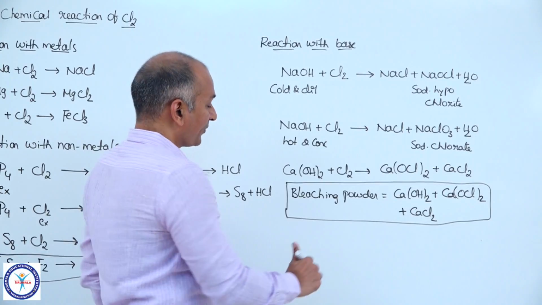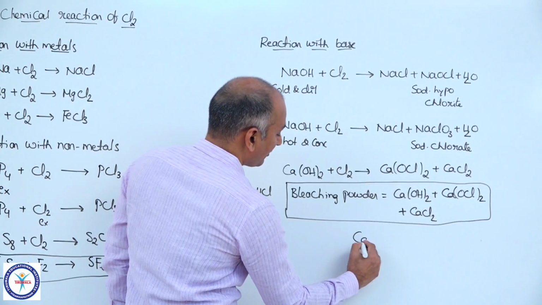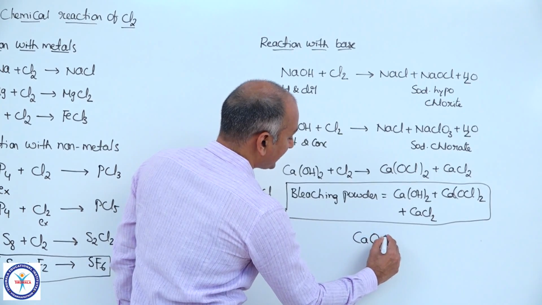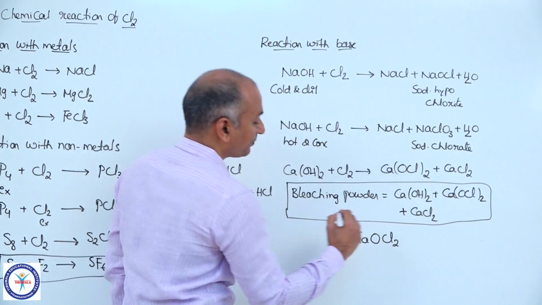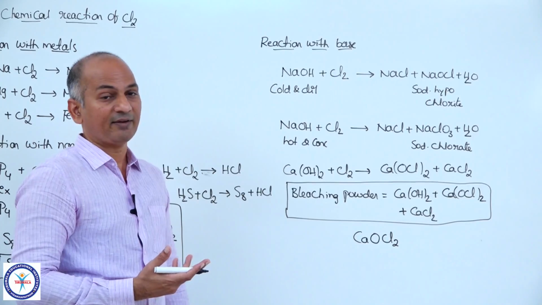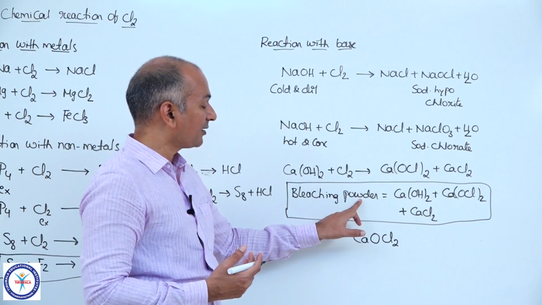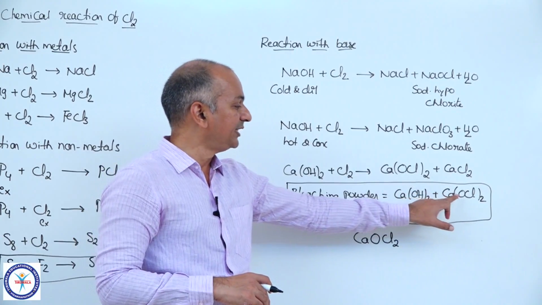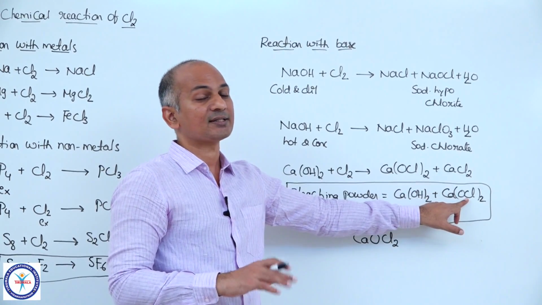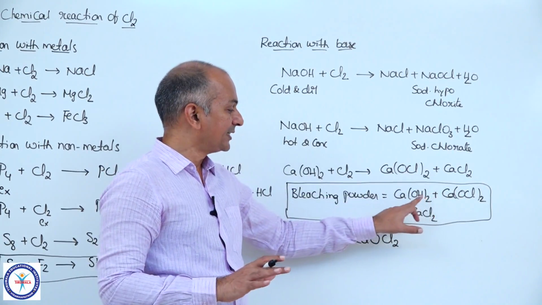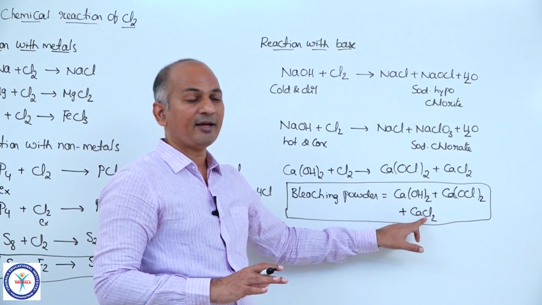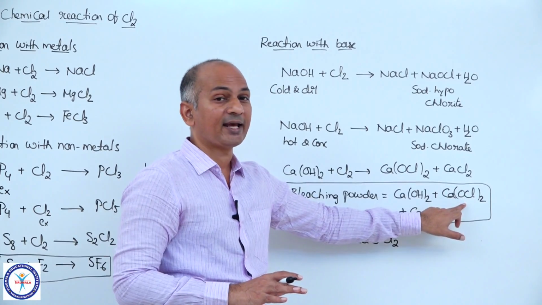If you remember, in the stoichiometry chapter, we wrote the composition of bleaching powder as simply CaOCl2. Effectively, bleaching powder has the bleaching action because of the ion OCl minus, nothing else. It is not because of calcium hydroxide, it is not because of calcium chloride, it is because of hypochlorite ion.